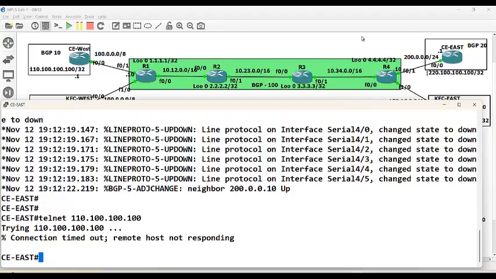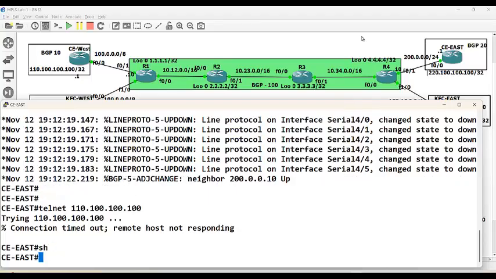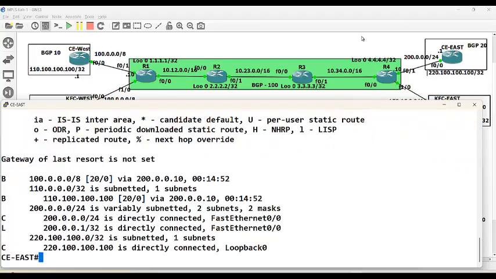But it is not even pinging. There's something else. Show IP route. I do learn the route. I have to source it actually here.